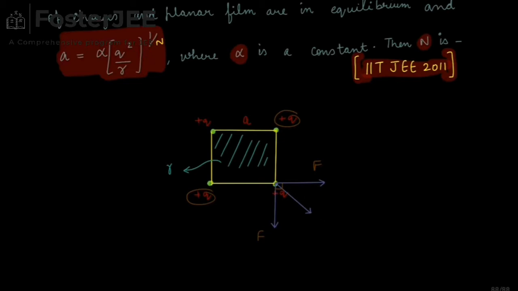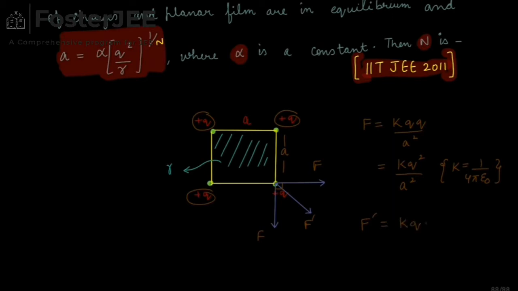But let's first see what the value of F is. Since this side is A and this side is also A, the value of F will be KQ squared upon A squared, where K is 1 upon 4 pi epsilon naught. Due to this charge, the force will be F dash, and F dash will be KQ squared upon the square of this distance, which is the diagonal of the square.